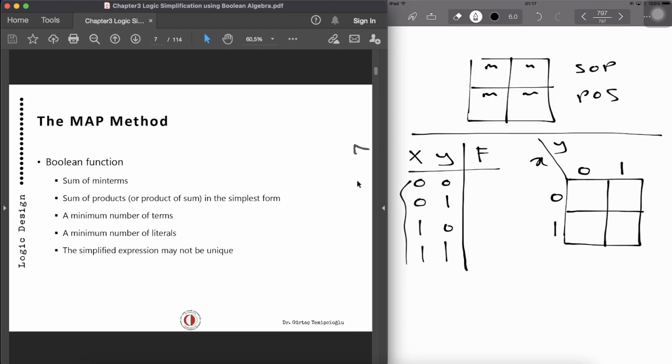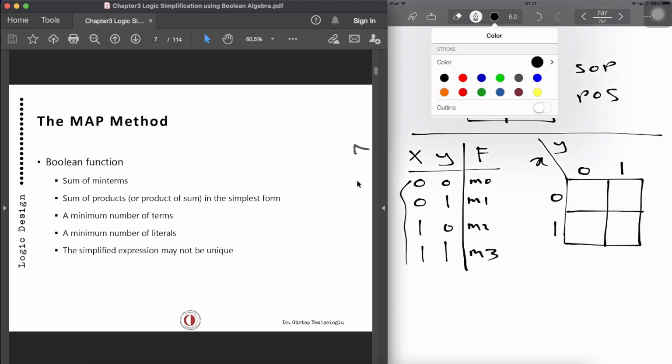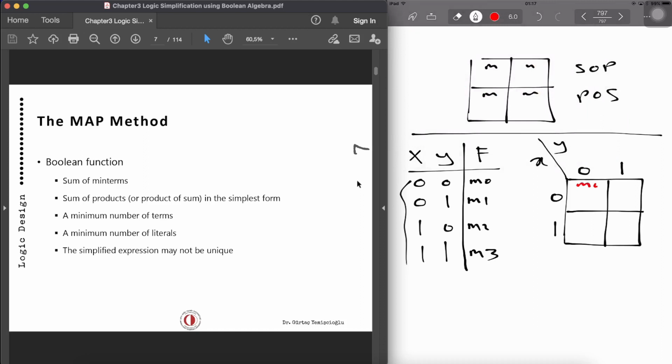So minterm 0, minterm 1, minterm 2, and minterm 3 are going to be mapped to these. Minterm 0 is 0 0, minterm 1 is 0 1, minterm 2 is 1 0, and minterm 3 is 1 1.